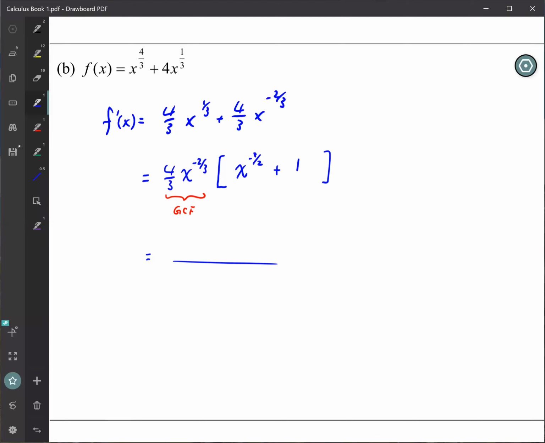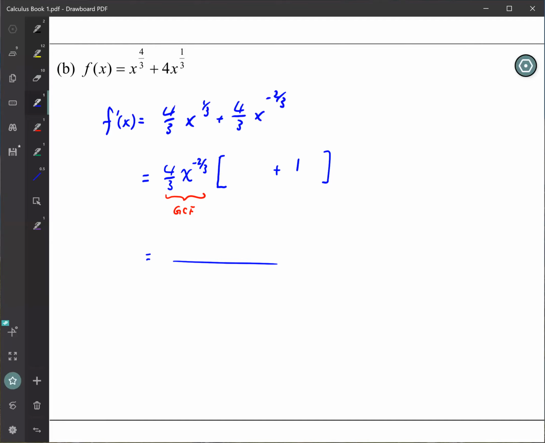Because when you factor out x to the -2/3, you're dividing, and when you're dividing the exponent, you're subtracting it. Yes, but which number subtracts which number? 1/3 minus 2/3. Minus negative 2/3. Okay, you have to subtract the exponent that you take out. So let me know what you got.